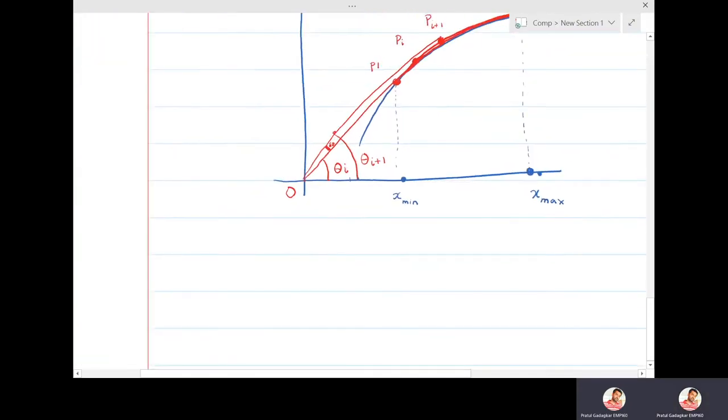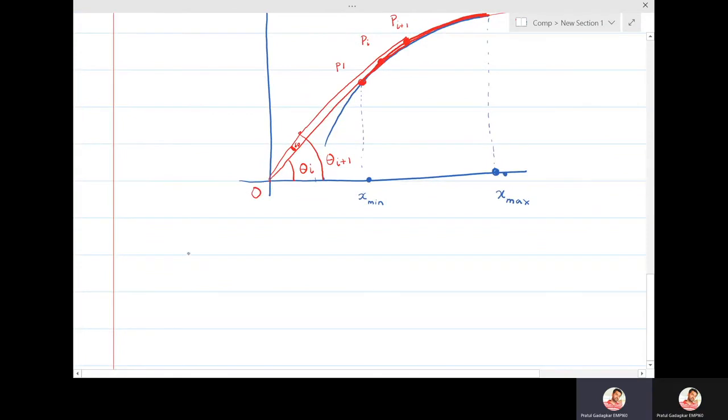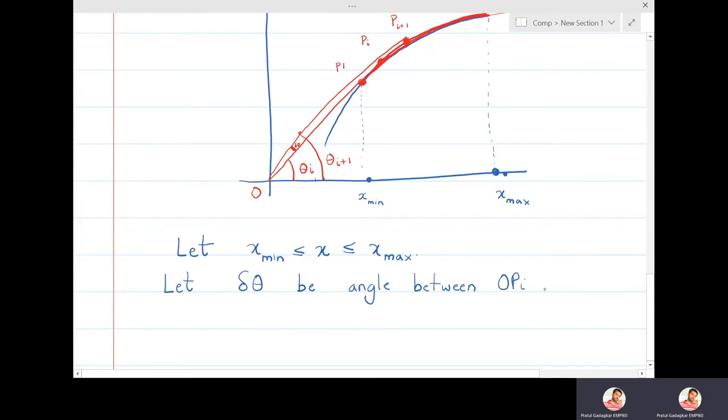So let x lie between two values, x min and x max, and let delta theta be the angle between the line segments OPi and OPi plus 1.